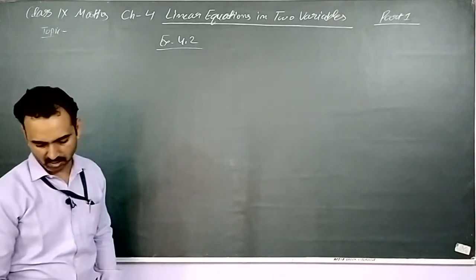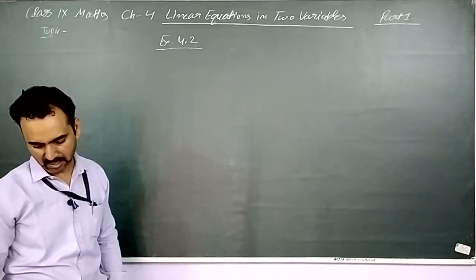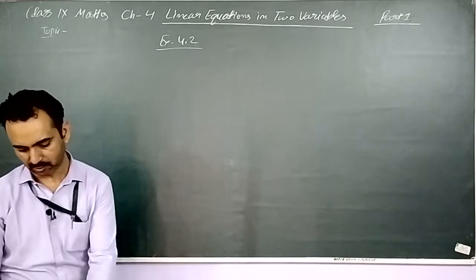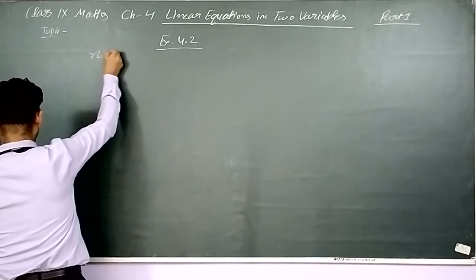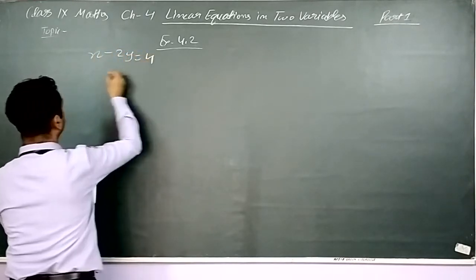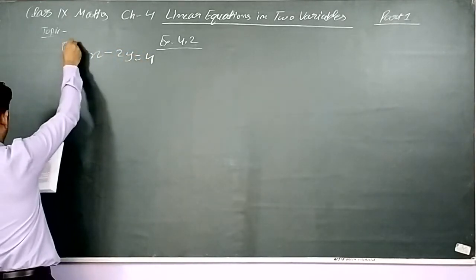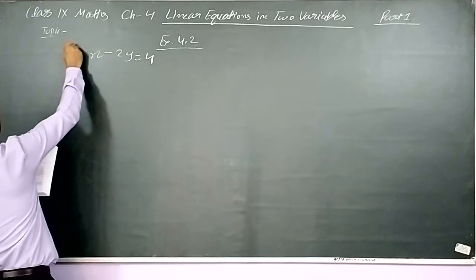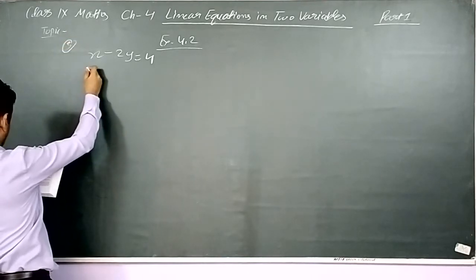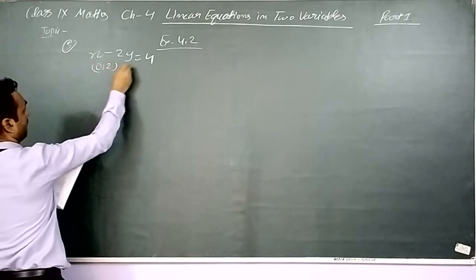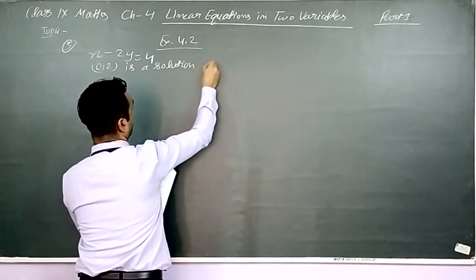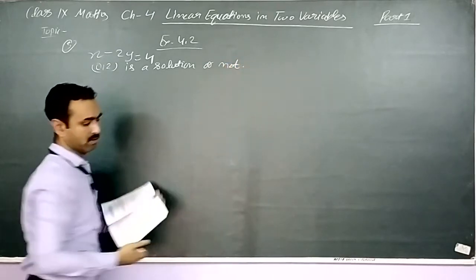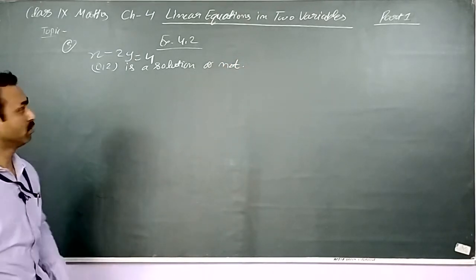Okay. So third question, check which of the following are solutions of the equation. Let's do one question. x minus 2y equals to 4. Question number 3. Now check whether 0, 2 is a solution or not.